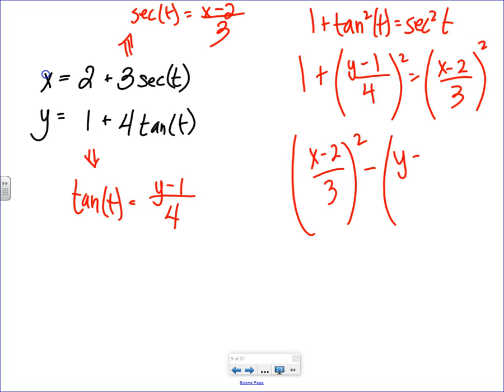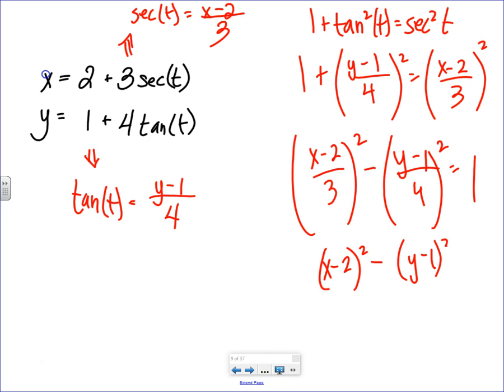It'd be a minus. So why are people saying hyperbola? It's not plus, it's not an ellipse, but it is a hyperbola. With a center at 2, 1, and the vertices would be 3 apart.